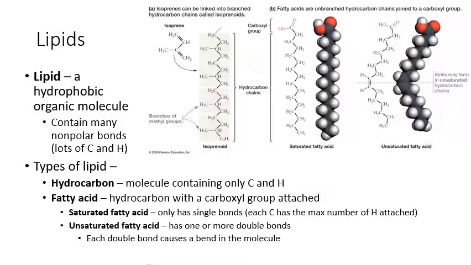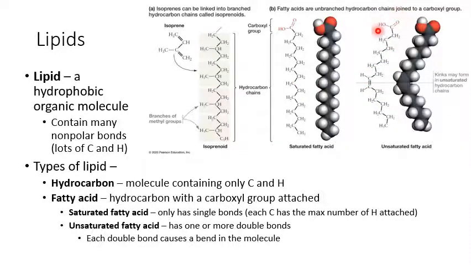It's a hydrocarbon that also has a carboxyl group. And the carboxyl group involves oxygen atoms, so it's not just carbon and hydrogen in the fatty acid. Over here we have examples of fatty acids. So you can see the hydrocarbon part of it, just a chain of carbons with hydrogen stuck on. Over here it's the same thing, a chain of carbons with hydrogen stuck onto it.